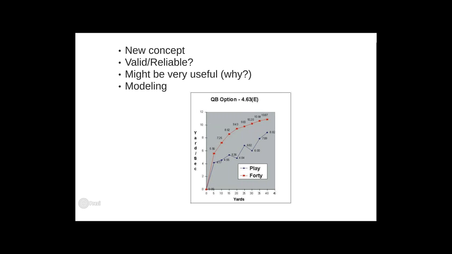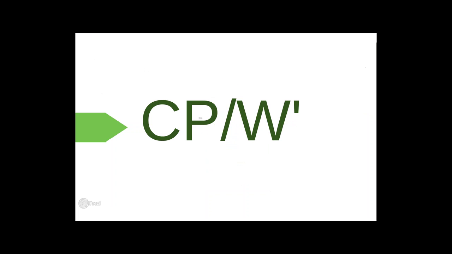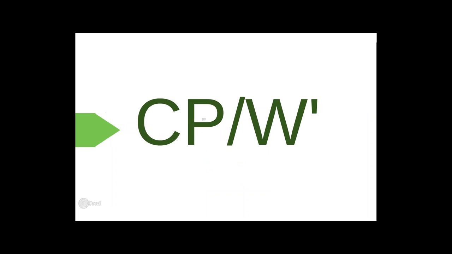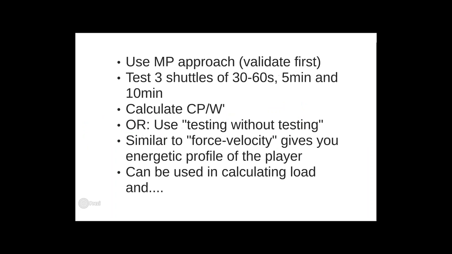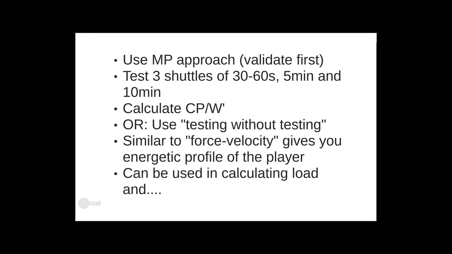Again, it might be very useful because it helps us quantify high power performance, but it also might help us with the modeling, and we can use it as a critical power and a W prime. Again, try to check the Skiba model. So using a metabolic power approach, basically the critical power is the highest power that an athlete can produce for a long amount of time.